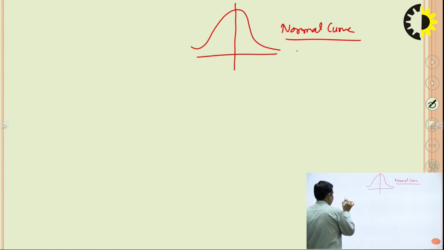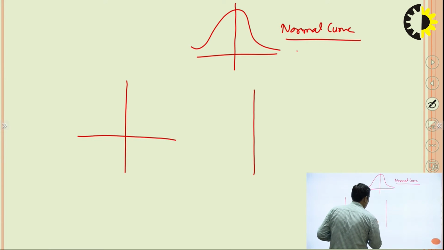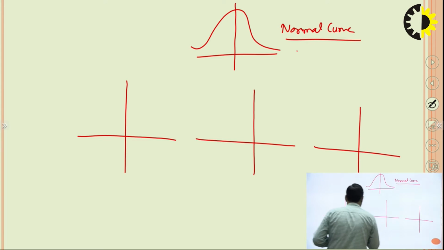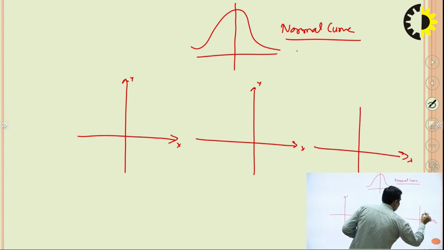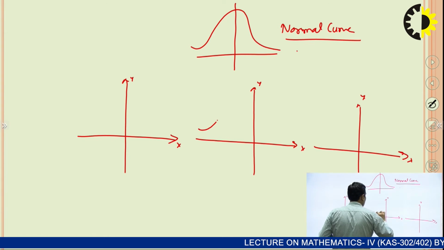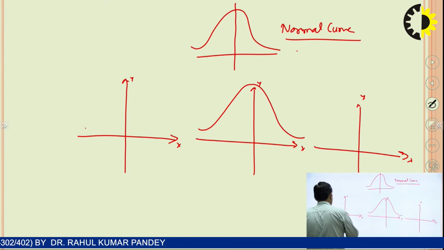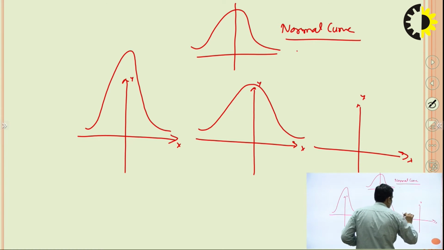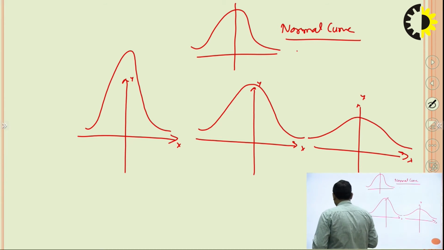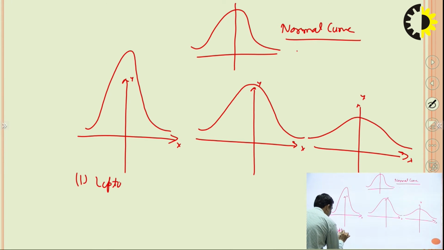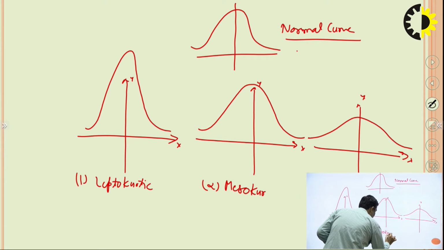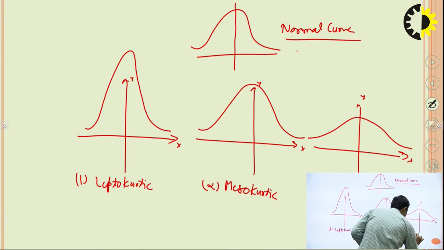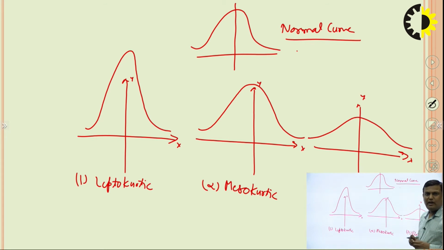Now, it's of three types: leptokurtic, mesokurtic, and platykurtic.